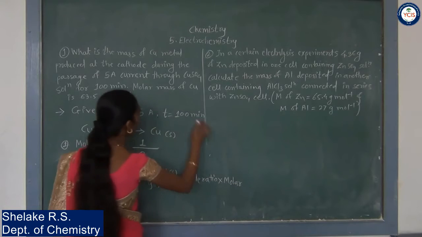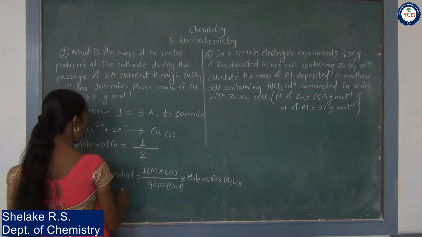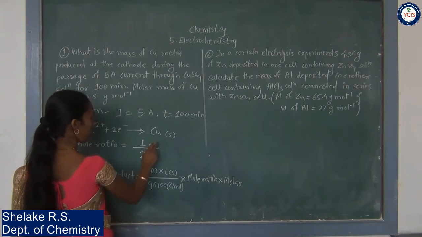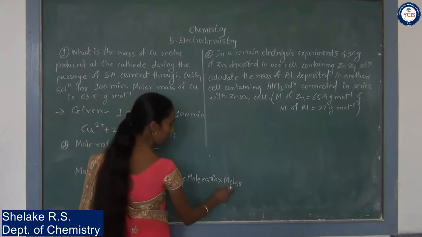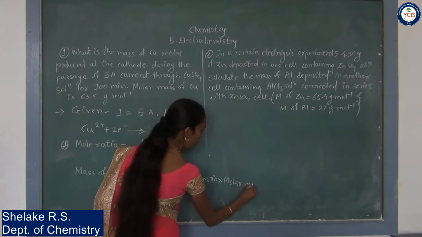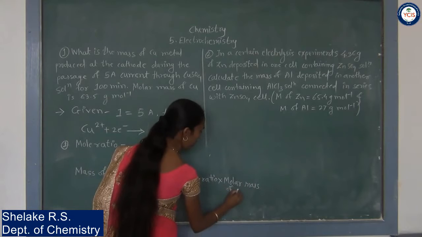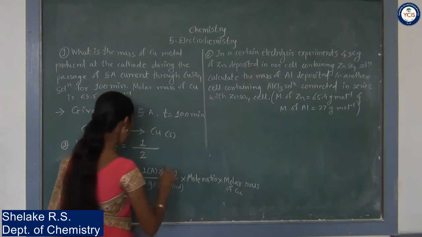Now here we have to find the mass of product. So here the product is copper, that is why we are considering here the molar mass of copper.